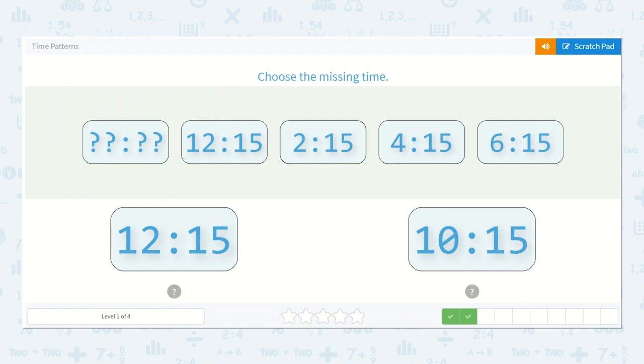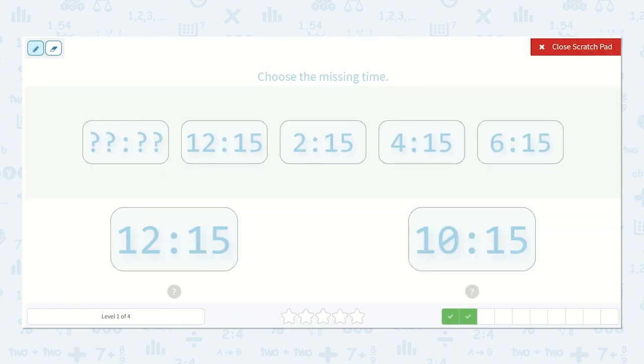Here it wants us to choose the missing time. Well, I can see that this is going from 12:15 to 2:15. So we are not just skipping 1 hour, we skipped 2 hours. So that was adding 2 hours. Here we also added 2 hours from 2:15 to 4:15. Here we added 2 hours from 4:15 to 6:15.